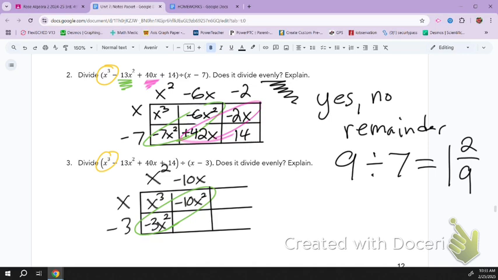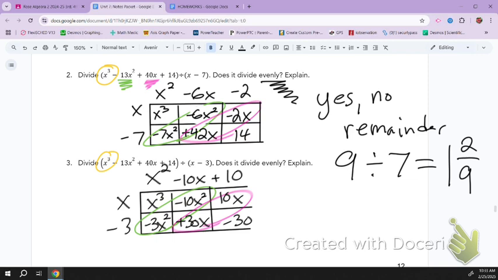Okay. This needs to add up to 40x. What are we getting in this box right here? Positive 30x. Good. So what has to go in this one? That's pink. Positive 10x. Okay. So then what has to go right here? 10. Oh no, I'm getting negative 30.